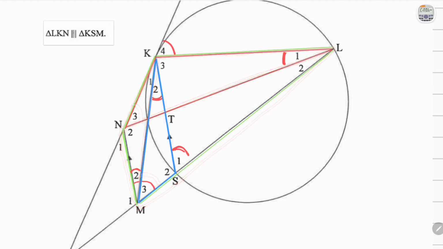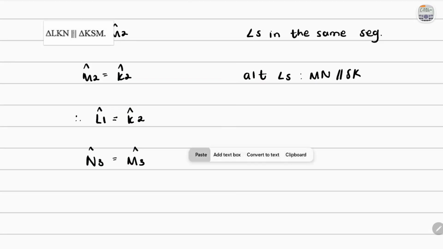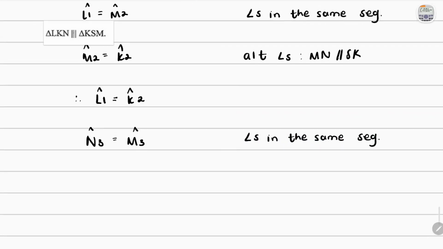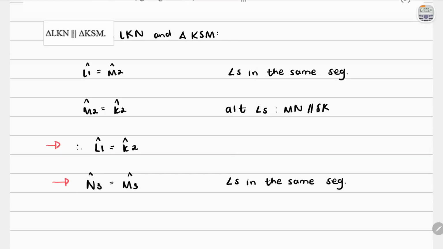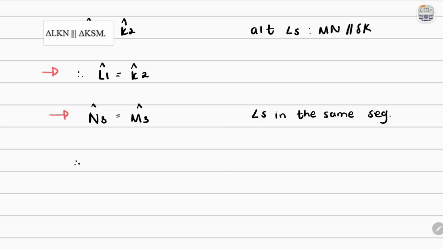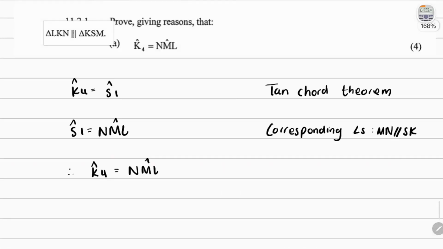Okay, so we can go ahead and tell them that, and that is in each triangle. So angle M3, this angle over here, is equal to angle N3, and that is also because of angles in the same segment. And because we have two angles in each triangle being equal, then by default, the other two angles will be equal in each triangle.